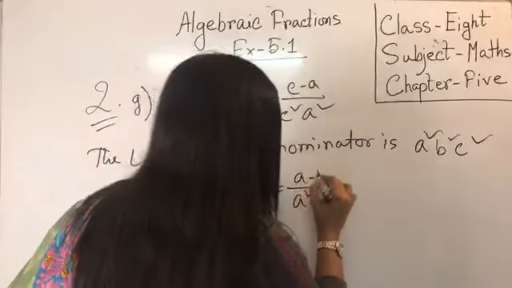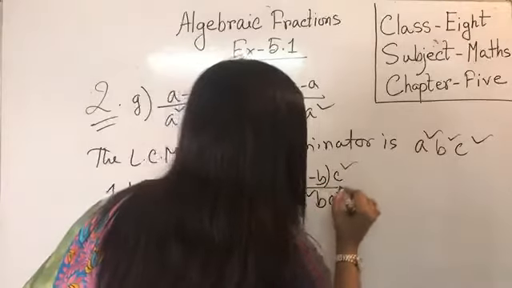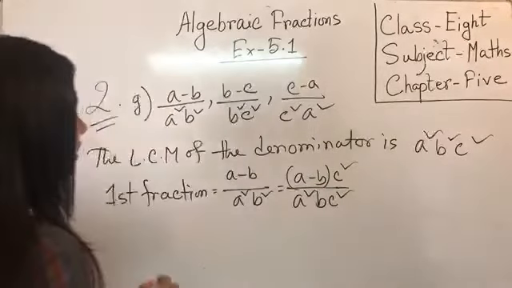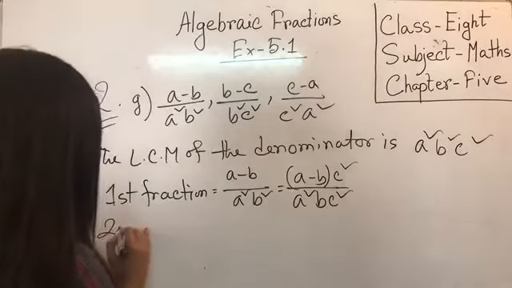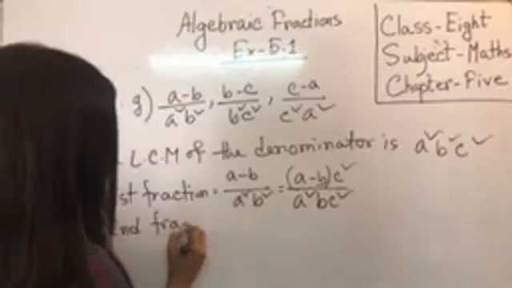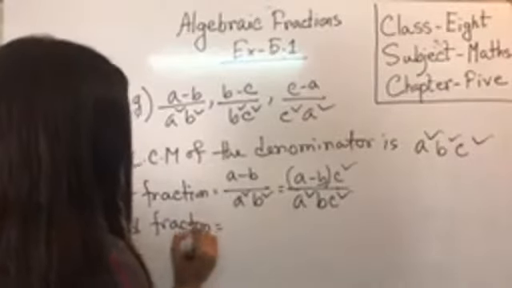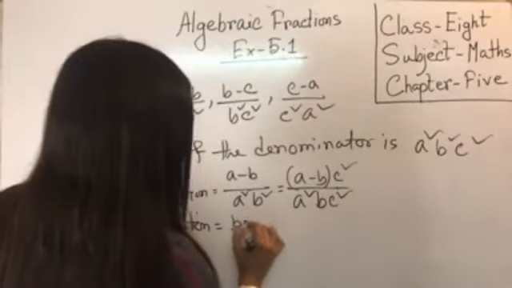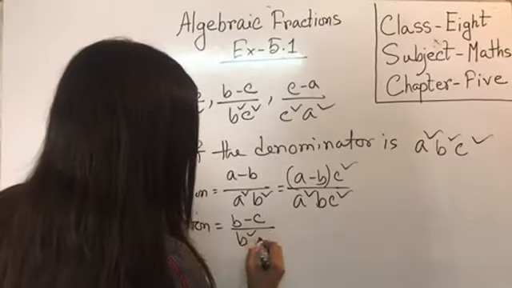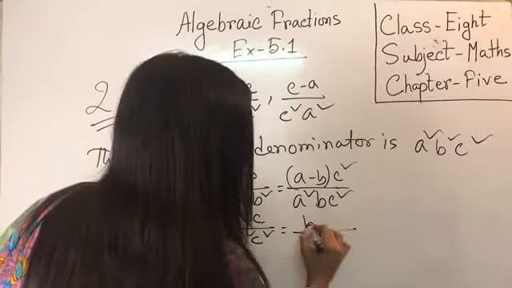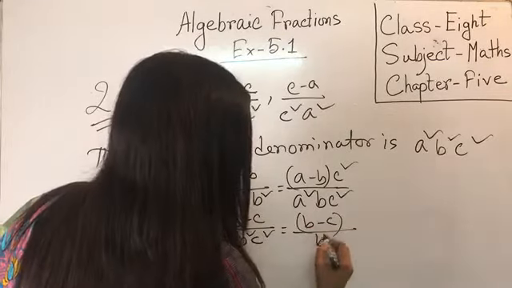That means (a minus b) multiplied by c square. Second fraction, b minus c over b square c square.